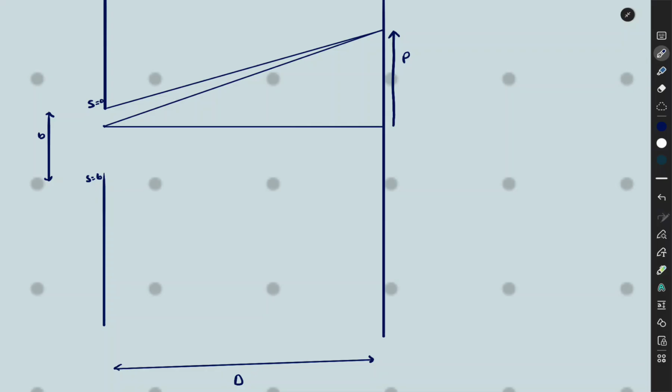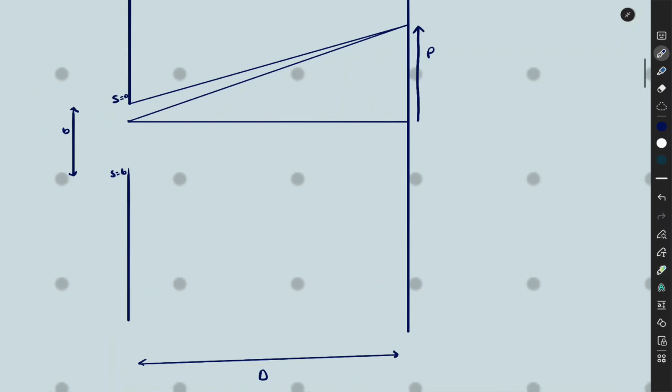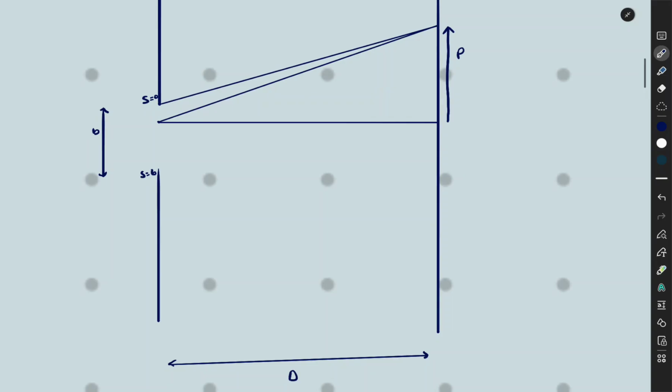And the condition for Fraunhofer diffraction is that the source and the screen are both placed at infinite distance from the slit.